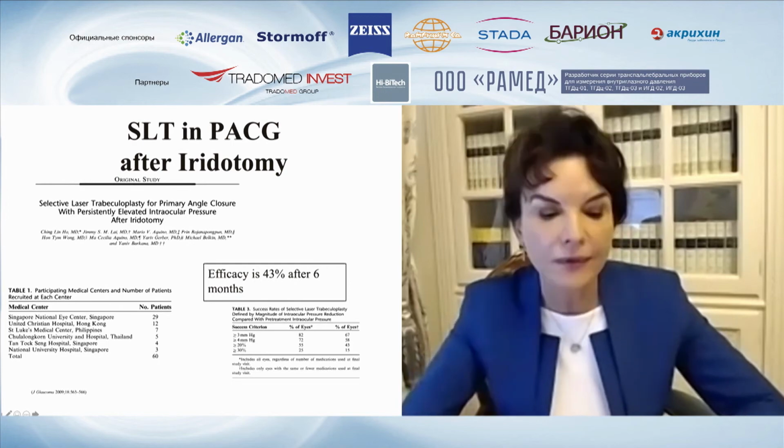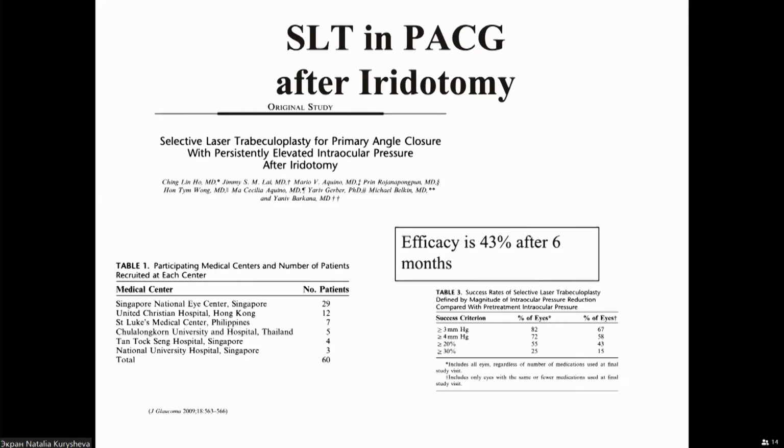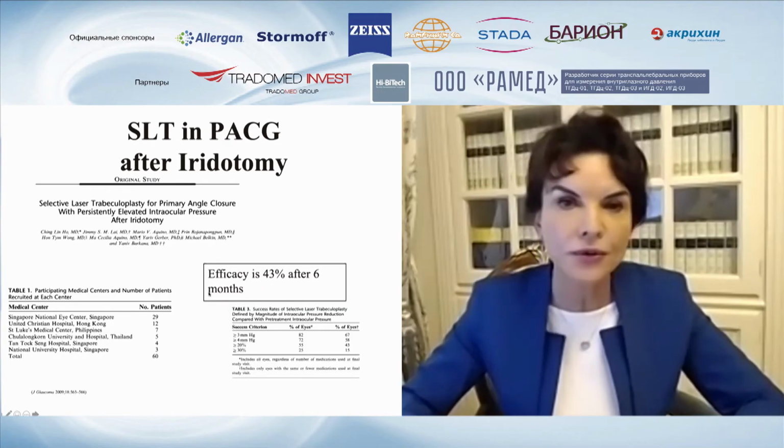However, there are few publications in the literature on SLT in the treatment of primary angle closure glaucoma after iridotomy. And the authors have reported rather high efficacy 6 months after SLT. This efficacy is about 43%.